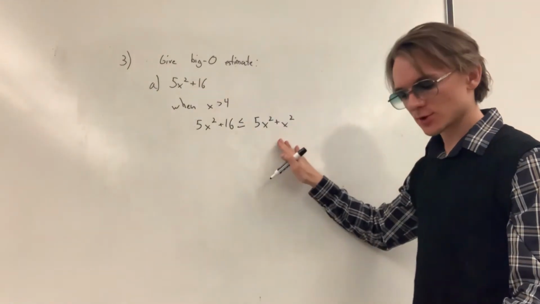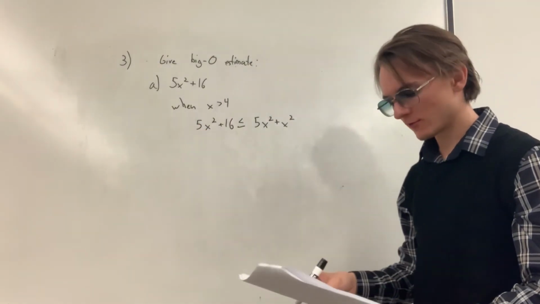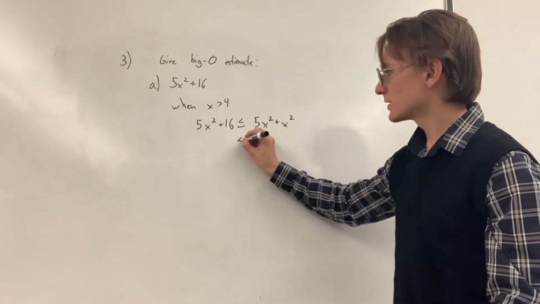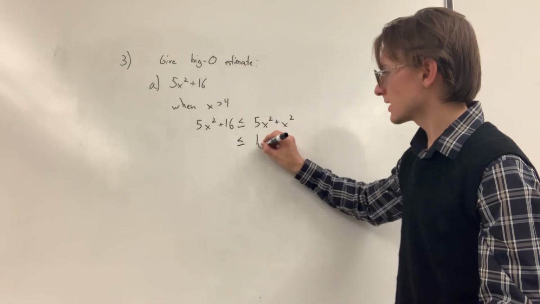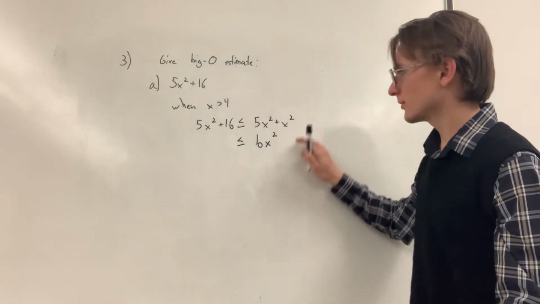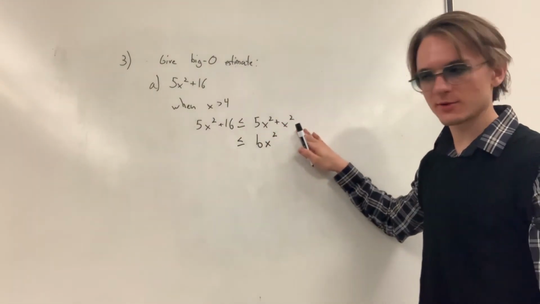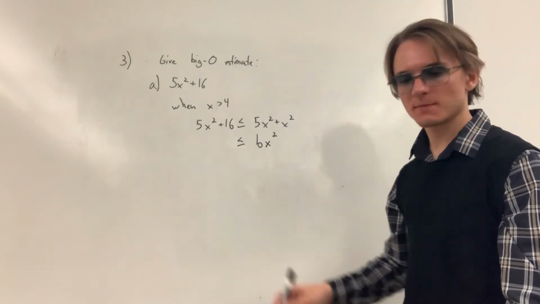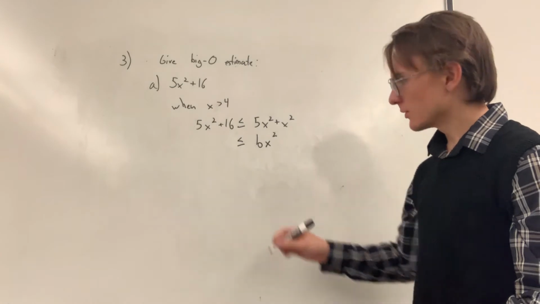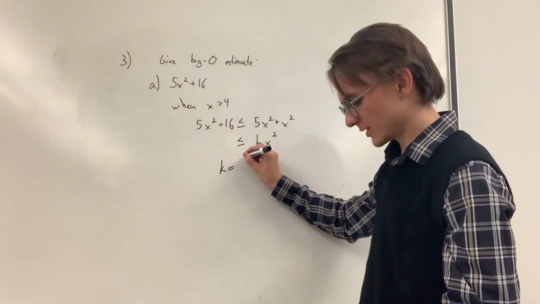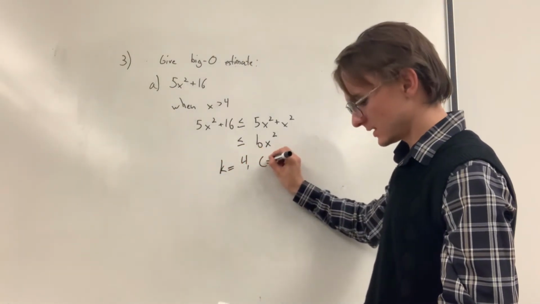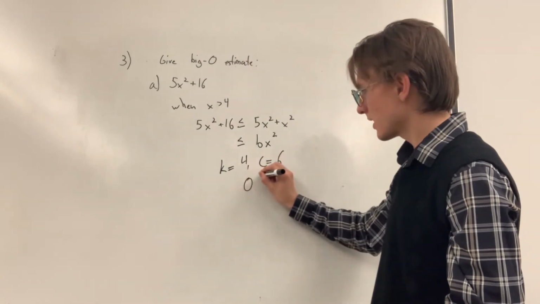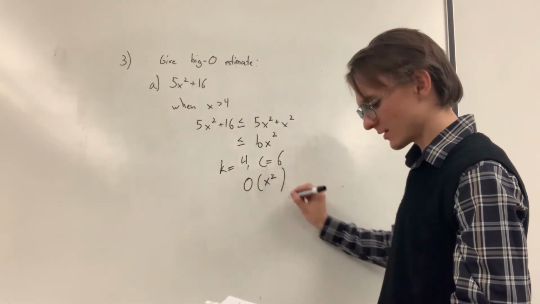So we know that this holds true when x is greater than 4. Now, we can simply say 6x squared, we add them together and get 6x squared, which is greater than or equal to 5x squared plus 16. From there, we see that k is equal to 4 and c is equal to 6 at big O of x squared.